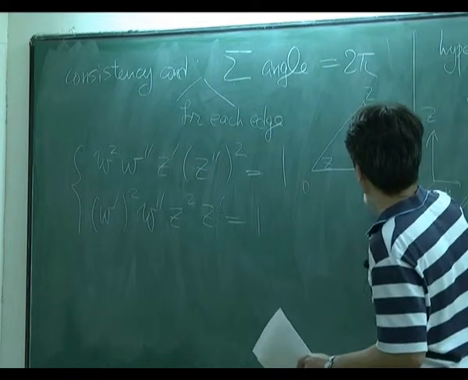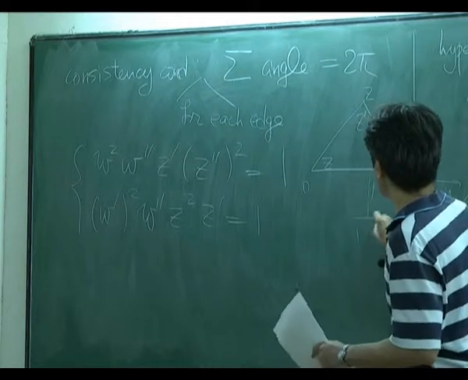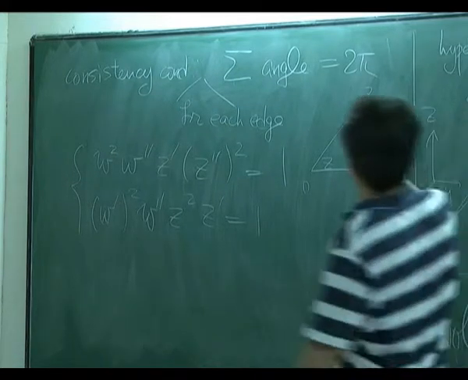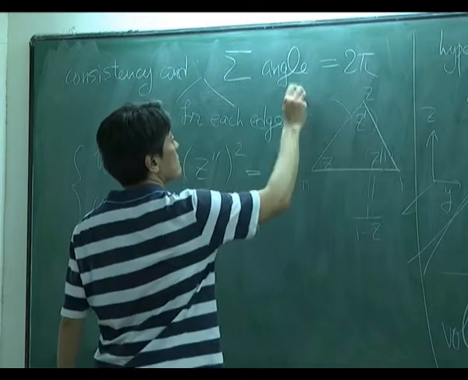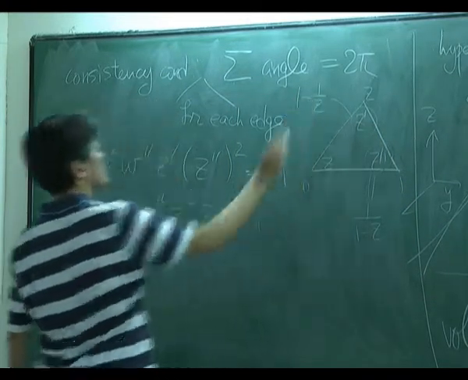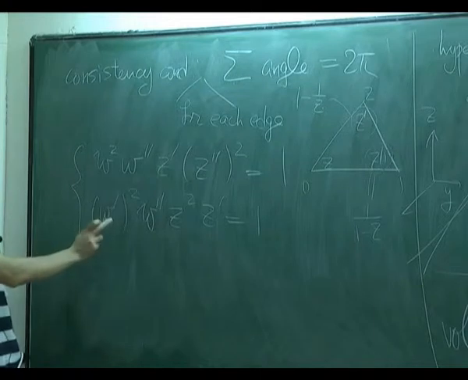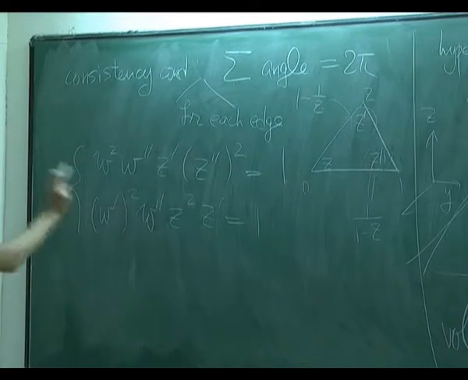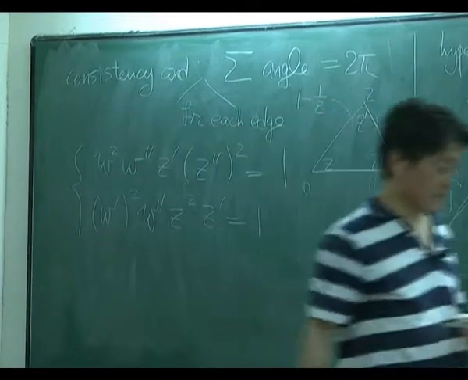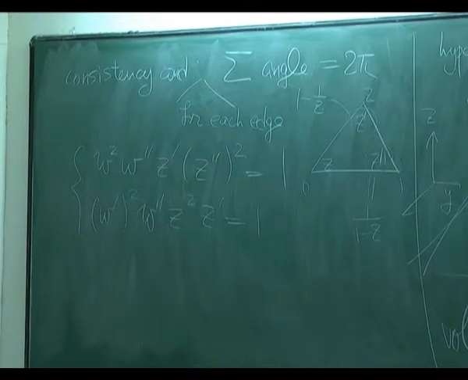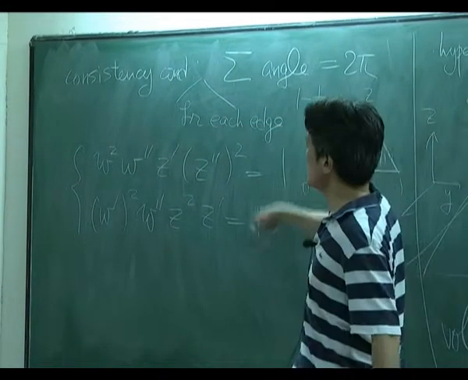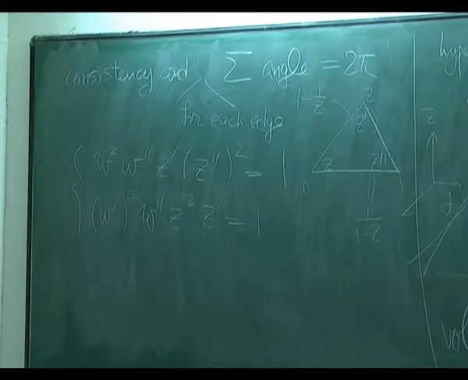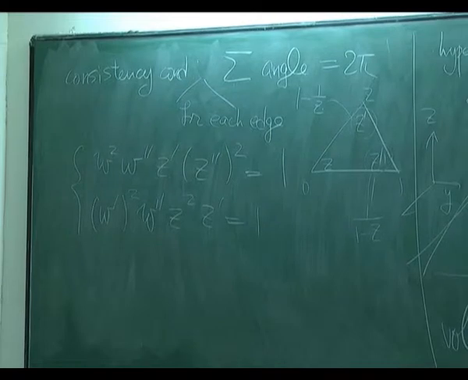So Z prime is just 1 over 1 minus Z. And it's the same for W prime and W. So actually, these are not independent, and from these two equations, we cannot solve for W and Z.